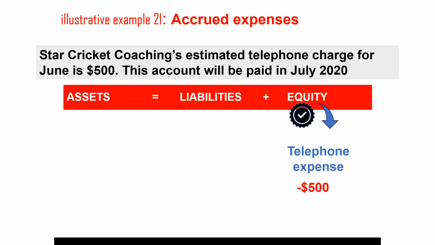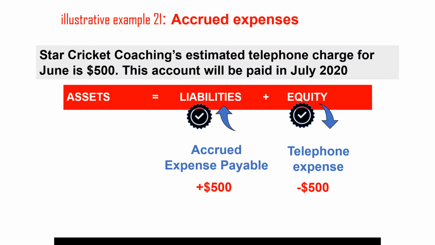So equity goes down by the estimated expense amount, that is $500. On the other hand, accounts payable goes up by $500, which is a liability. So it creates an obligation to pay for the expenses incurred during the period.